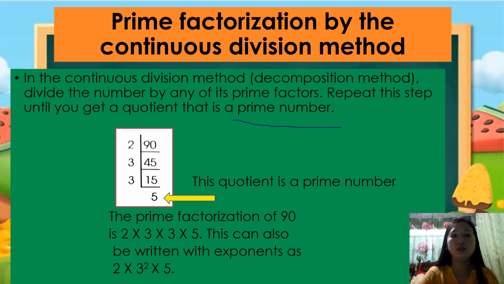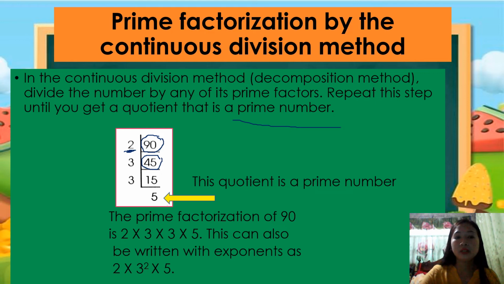So now we are looking again for a prime number. We have here an example. Our given number is 90. Now, a prime factor is 2. We divide 90 by 2. The quotient is 45.